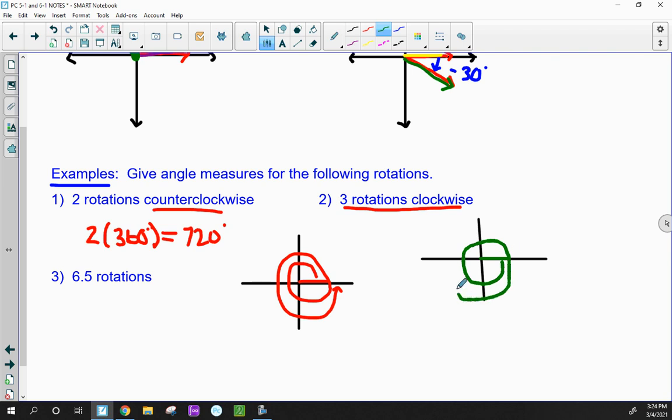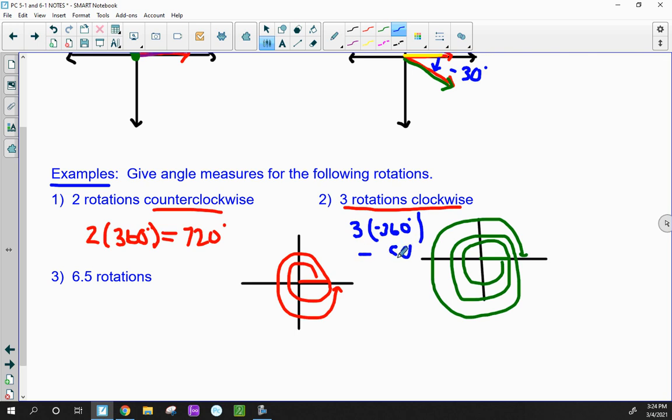I'm going to wrap around for rotation 2 and complete the rotation there. But the fast way to do that is to take 3. Remember, clockwise means negative, so just multiply 3 times negative 360. You need to know how to do it visually, though, as well. So that's negative 1080 degrees.